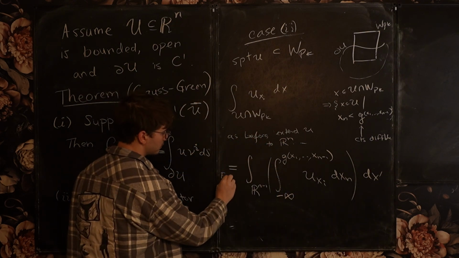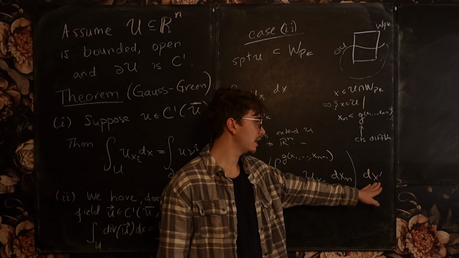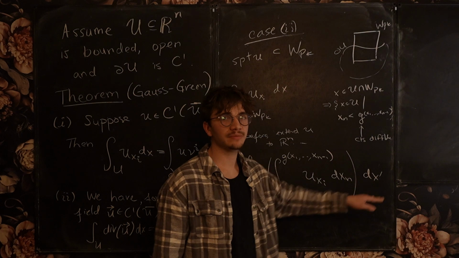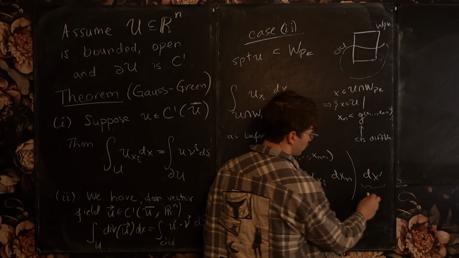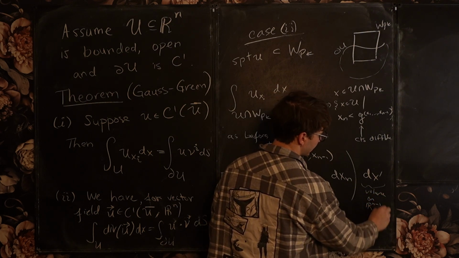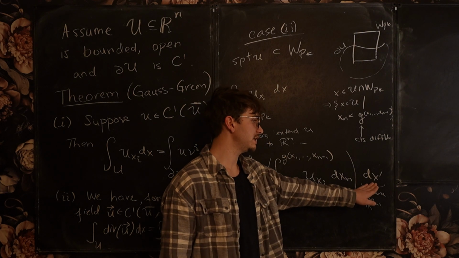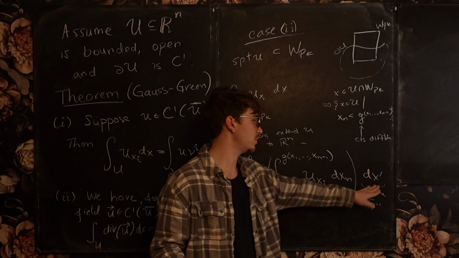This is by Fubini, okay? And then this dx prime here, I'm using dx prime to denote the volume on Rn minus 1, okay? So you can think of it as like dx1 times dx2, etc., times dxn minus 1, okay?